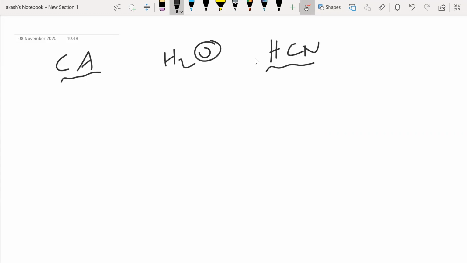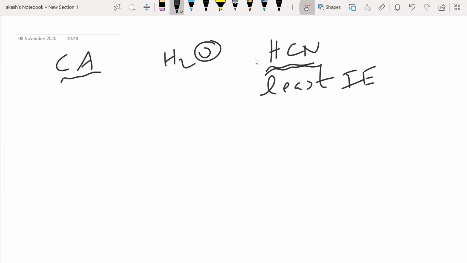So if you have an HCN molecule or some molecules like this where there is a confusion, how do you decide which is the central element? The answer is you take the element which has the least ionization energy. Out of the three atoms in the molecule, whichever has the least ionization energy will be the central atom.